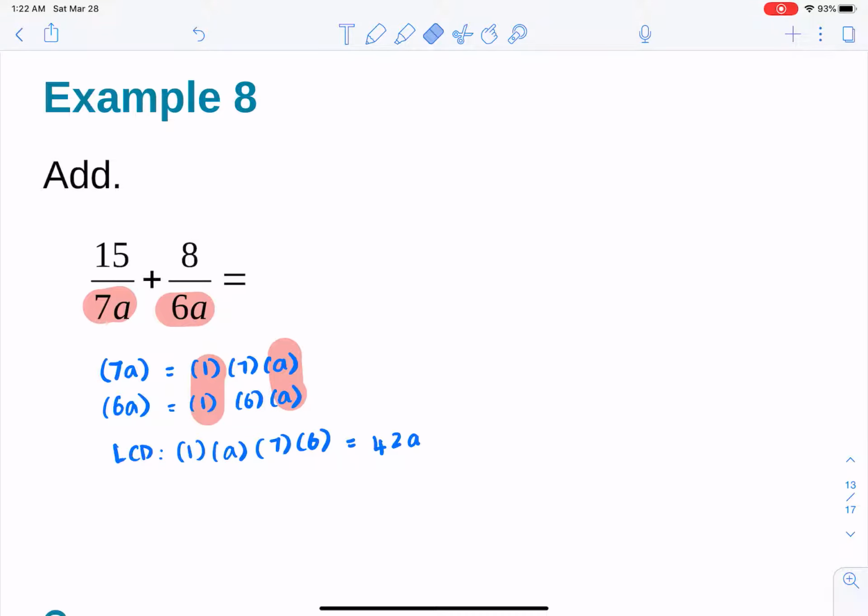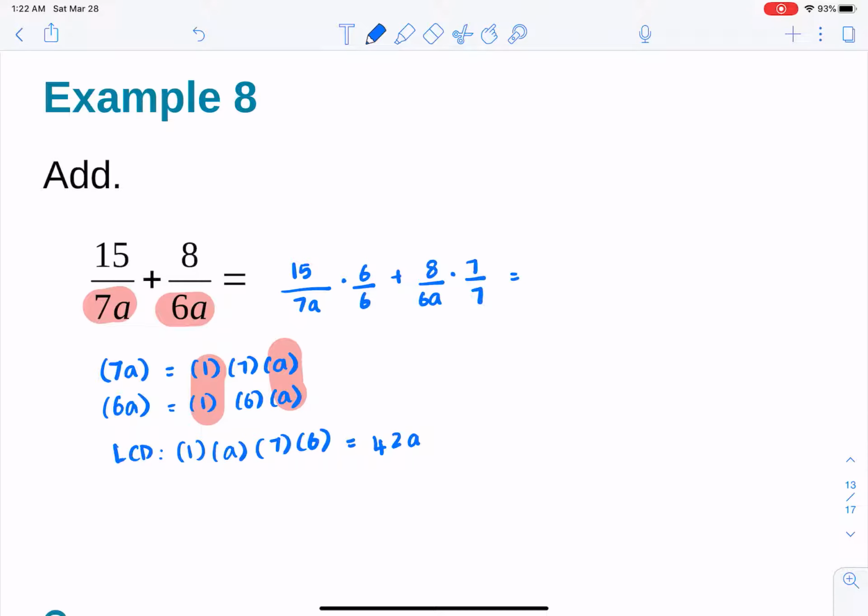Our objective now is to convert both denominators to 42a. So I am going to multiply and divide the first fraction by 6. I'm going to multiply and divide the second fraction by 7.